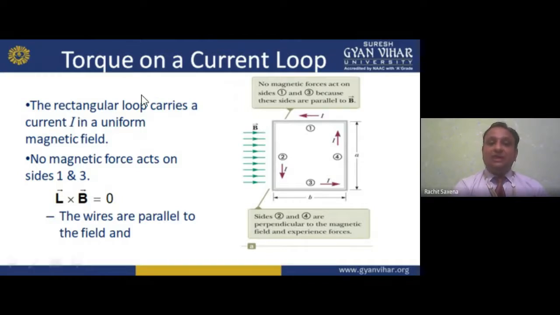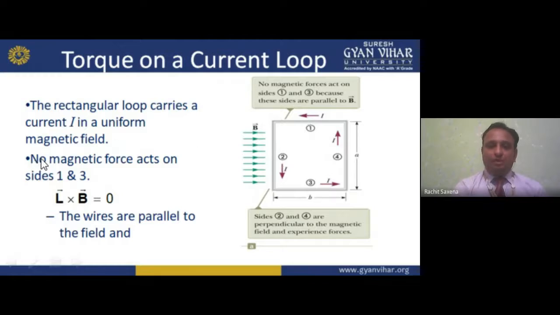Okay, so the rectangular loop carries a current I in a uniform magnetic field. It is uniform, no changes. The green line shows you B. B is the magnetic field, and the maroon, red color shape shows the current.